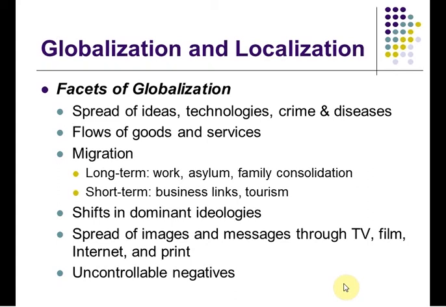Now we see migration occurring on a global level. People from Syria, or people from China, or people coming to the United States, people from places as far south as South America finding their way into Europe is not uncommon in this day and age.